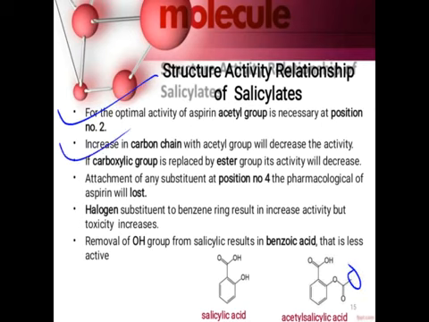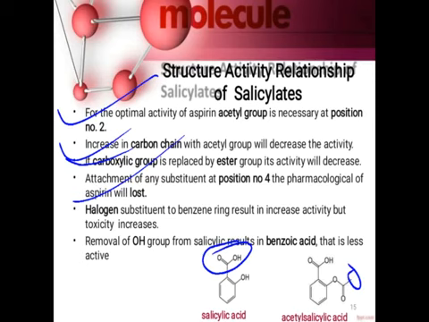So first, there must be an acetyl group at the second position. Second, if the chain length or the number of carbons in the acetyl group increases, the activity will decrease. Then third, if the carboxylic acid is converted into an ester group, its activity will decrease. Then any substitution at the 4 position, the para position, will cause loss of activity.